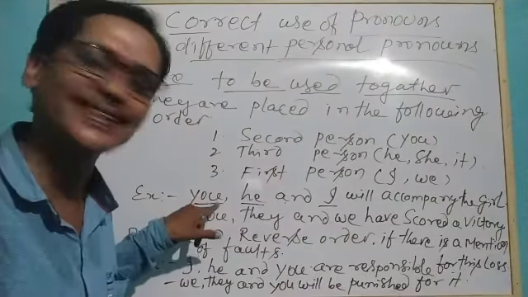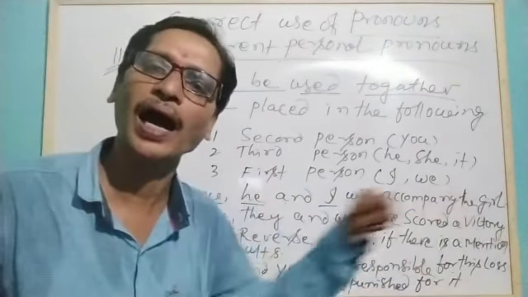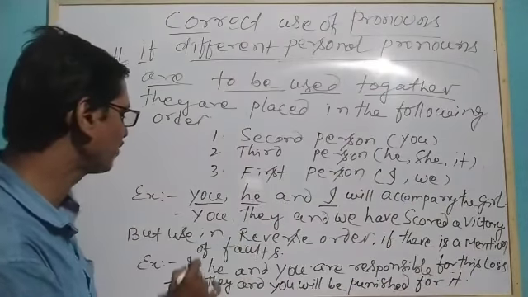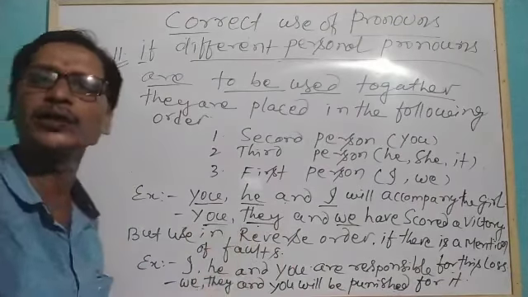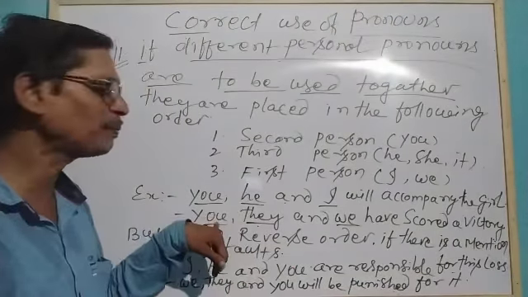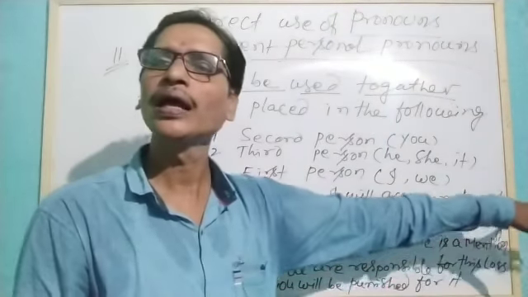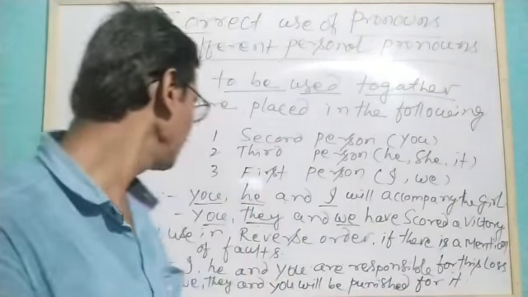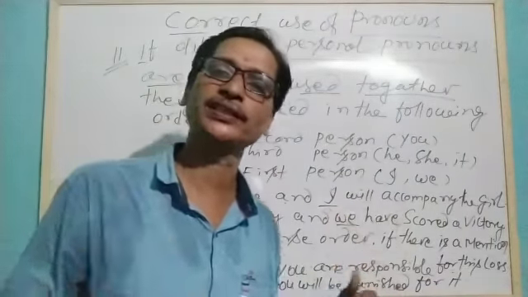Similarly, another example is given: you, they and we, that means the second, third and first person, have scored a victory.